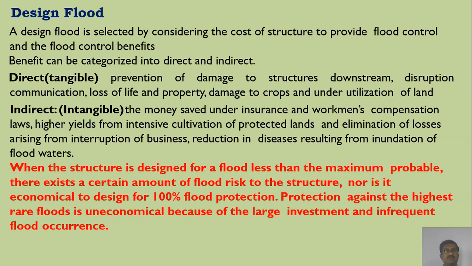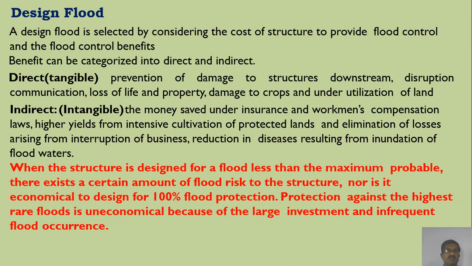The benefits can be categorized into direct and indirect. Direct, or tangible, benefits: prevention of damage to structures downstream, disruption of communication, loss of life and property, damage to crops, and underutilization of land. Okay, so these are the important points.